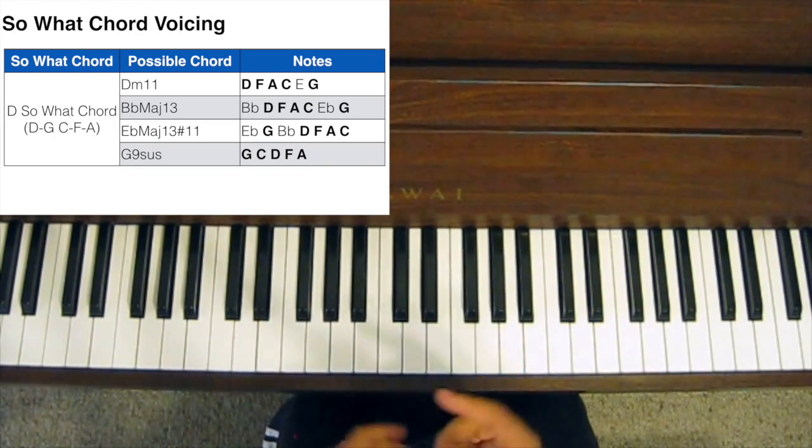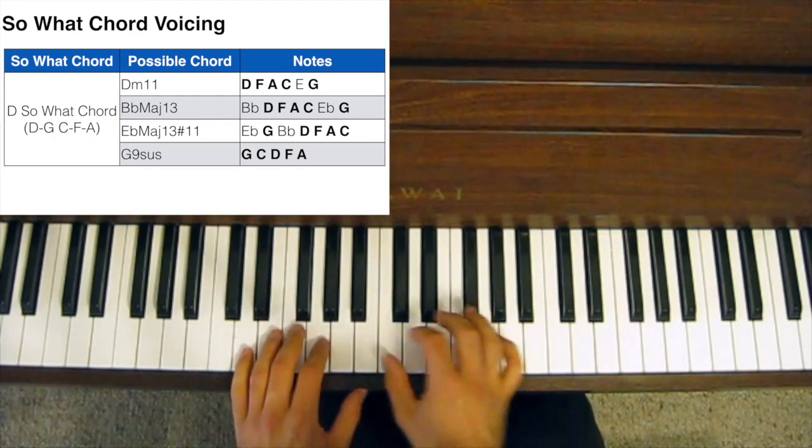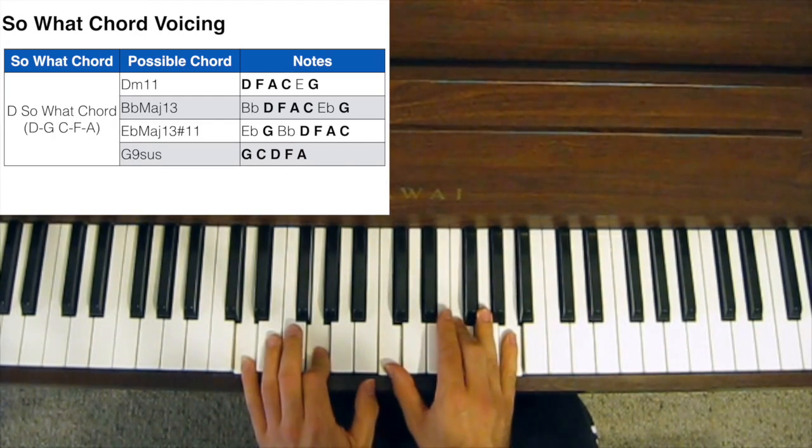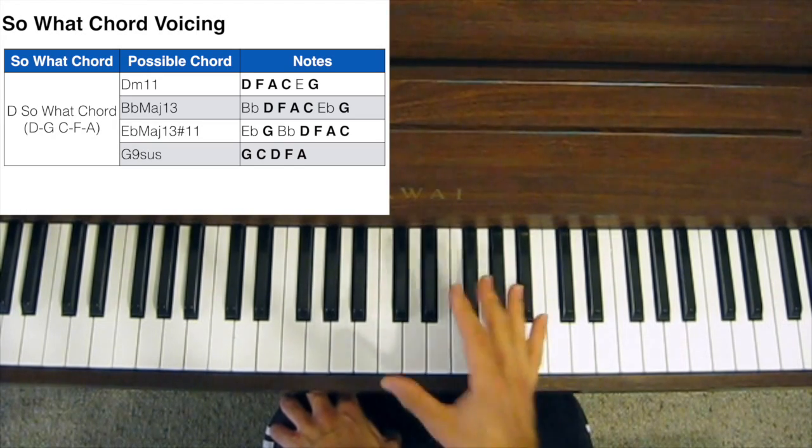So it can be a D minor 11, it can be a B flat major 13, it can be an E flat major 7 sharp 11, or it can be a G9 sus chord. So this voicing here, the D So What chord voicing, can be all of those chords and probably more, but they're the main ones.